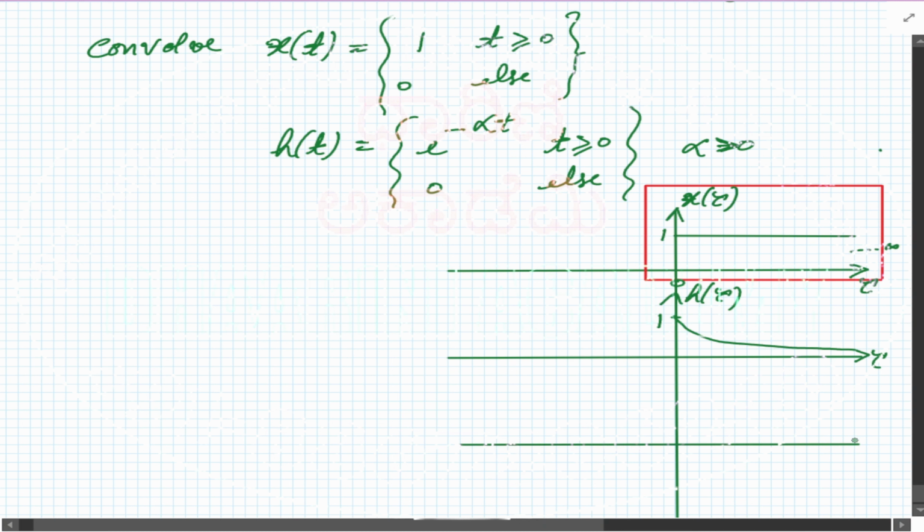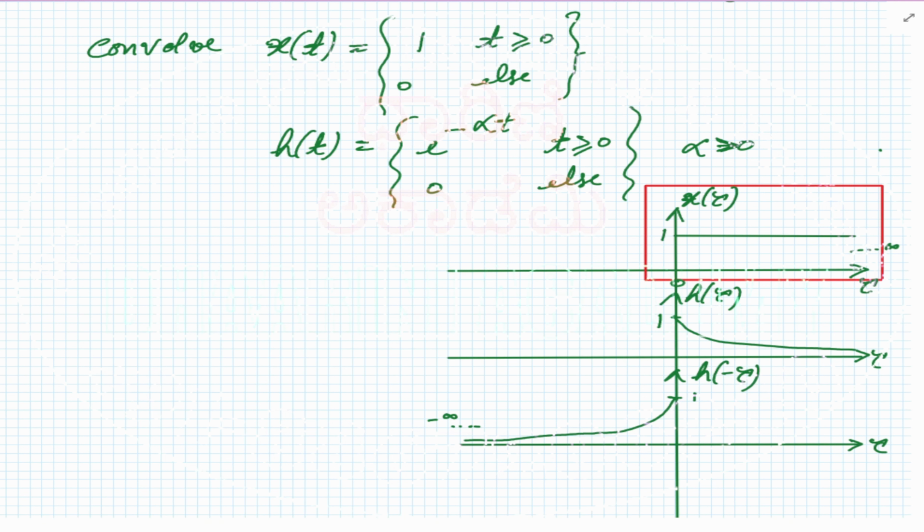So the x-axis is still tau, and this function is called h of minus tau. It starts from 1 here and goes like this, going till minus infinity now. Now, as per the rule, you have to take a product and you integrate, correct?